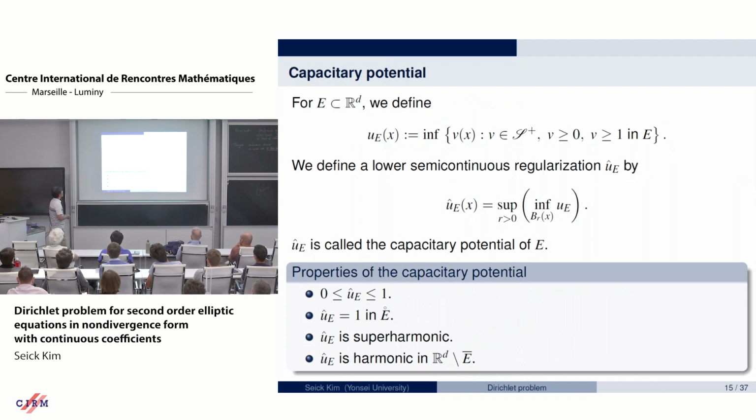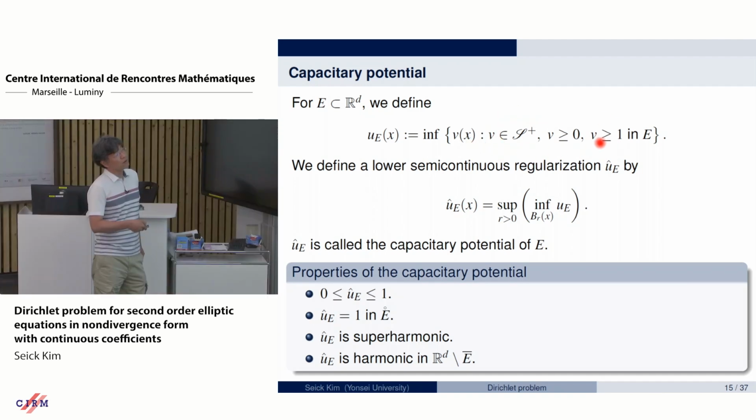Then I'm going to talk a little bit about this capacitary potential, which is characterized purely in terms of superharmonic functions. I'm going to define u of E like this. This v is among the non-negative superharmonic functions, assuming that v is bigger than or equal to 1 on E, and you take the infimum of these superharmonic functions.